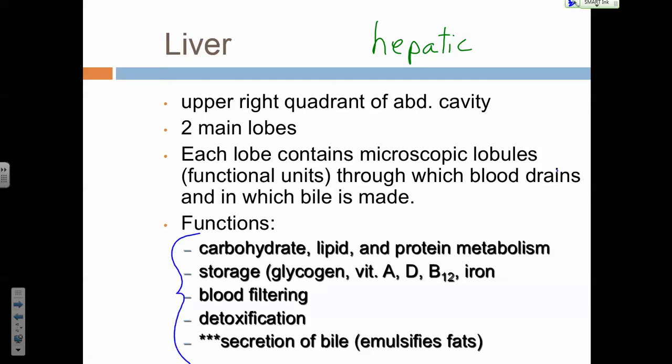The reason the liver can do all of these things is because blood coming from your digestive tract makes its way to the liver. So that nutrient-rich blood that is loaded with these absorbed carbohydrates and lipids and proteins, that blood makes its way to the liver as it leaves the absorbing organs of the digestive tract, like the stomach, the small and the large intestine.